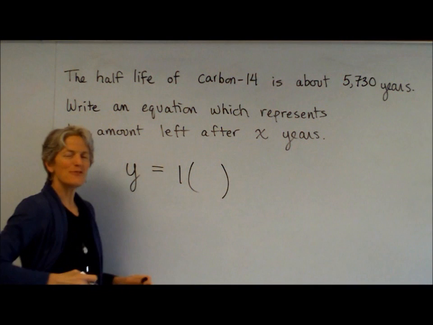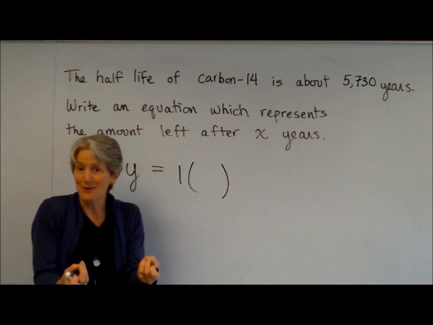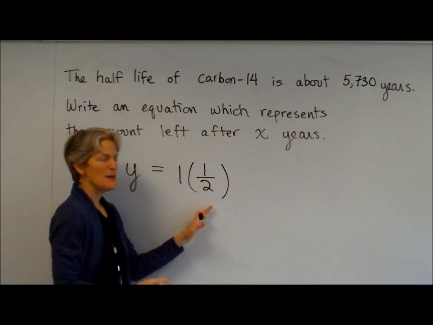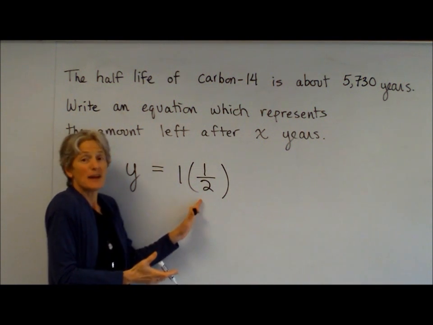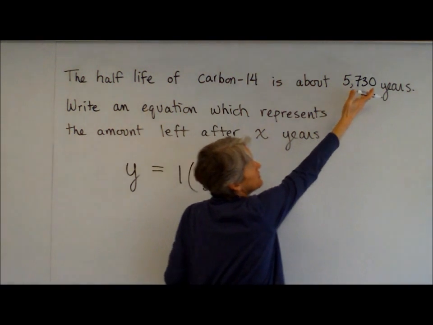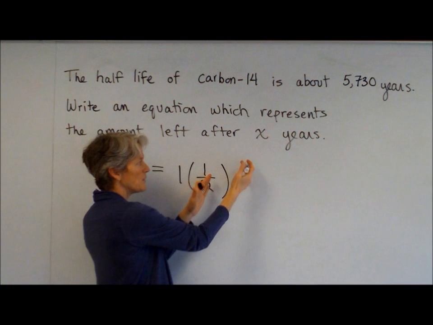Half-life, well that means that it's halving, right? So I'm multiplying that by a half. This is just like the problem that Mr. Haas just did. I'm not halving every year, I'm halving every 5,730 years. So let's figure out what that exponent is going to be.